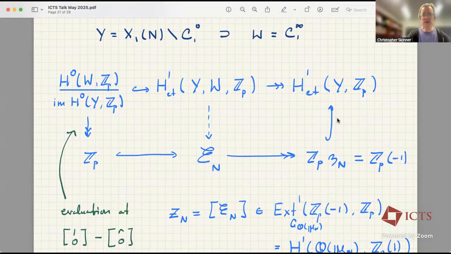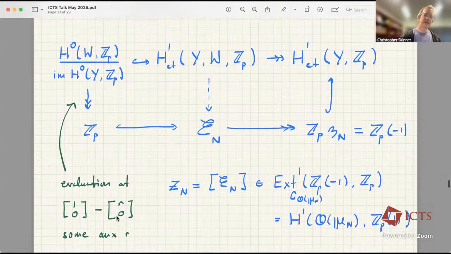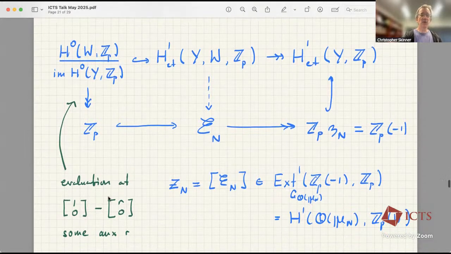We look at its inverse image in H1 in the relative cohomology. So that's some Galois module. And then I'm going to push forward by some quotient from the H0 of W, which I haven't quite got right. What I'm really looking at, and I didn't write this quite right, I'm looking at the evaluation.